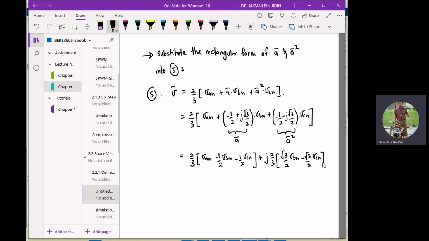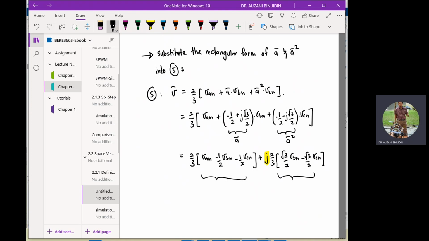You expand the equation above, then you try to split this equation into two parts, and you have real part and imaginary part. Okay. So you notice here there is j here.